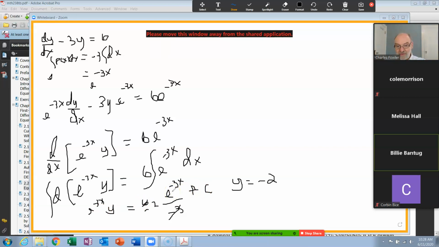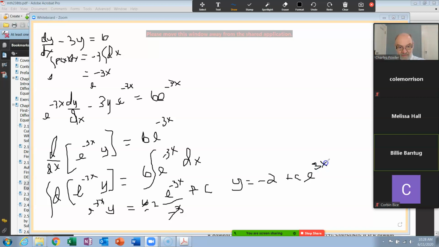So you're just left with a minus 2 plus c e to the 3x. Minus 3, no, e to the 3x, because you're multiplying by that. E to the 3x. Okay, that I think is your one parameter solution to this first order differential equation.